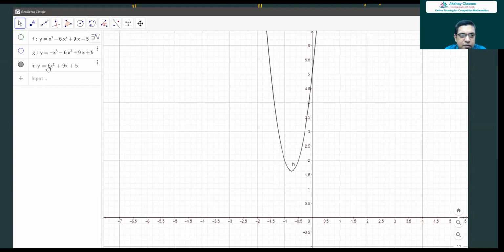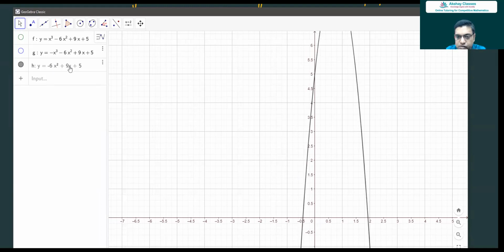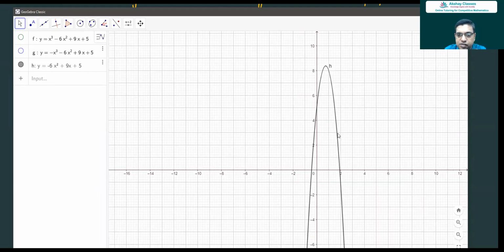If I have a negative sign, it will be a parabola opening downwards.